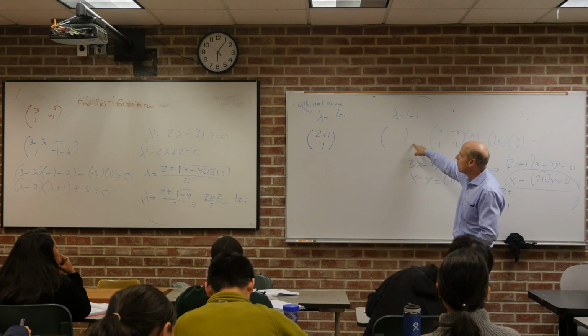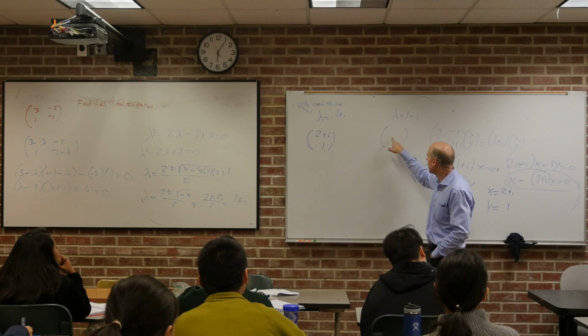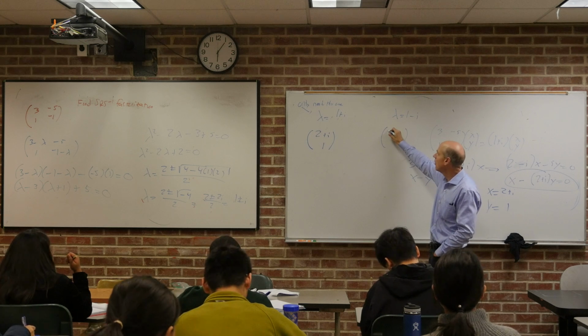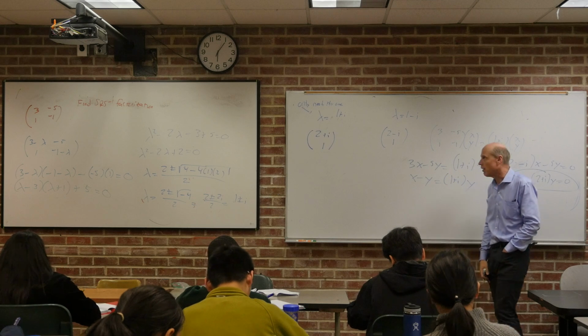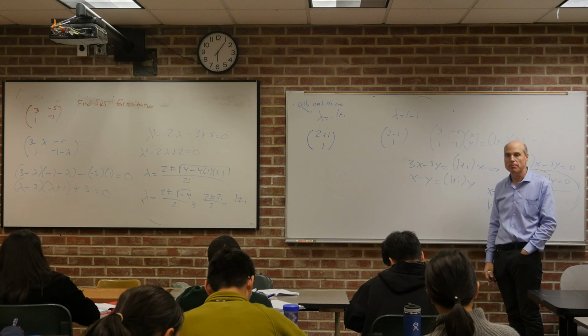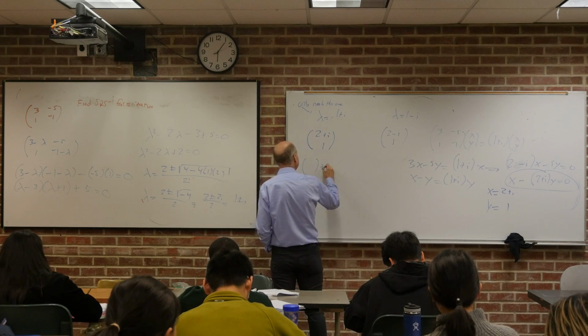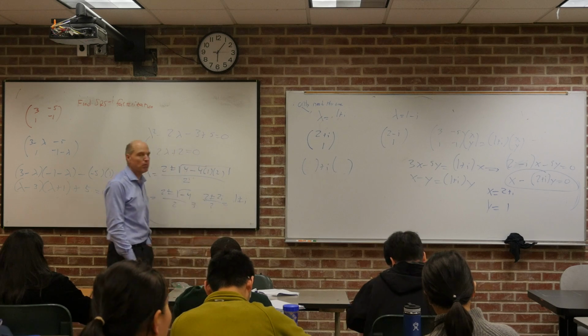So again, I don't need this, but you know the shortcut to go from this eigenvector to this one? What is it? 2 minus i, 1. Good. So again, to solve this problem, we only need the first one. So to find the S, we're going to split this up.